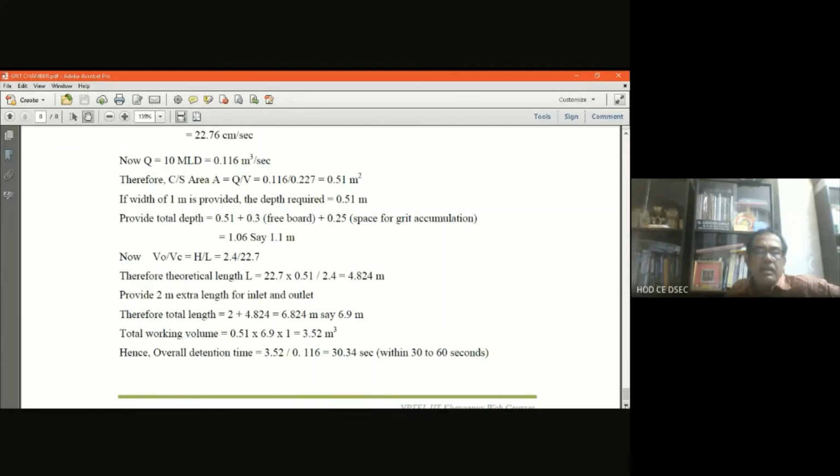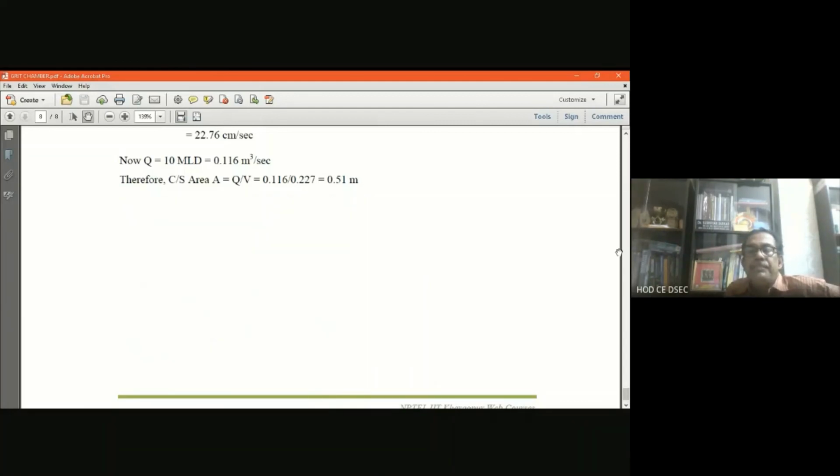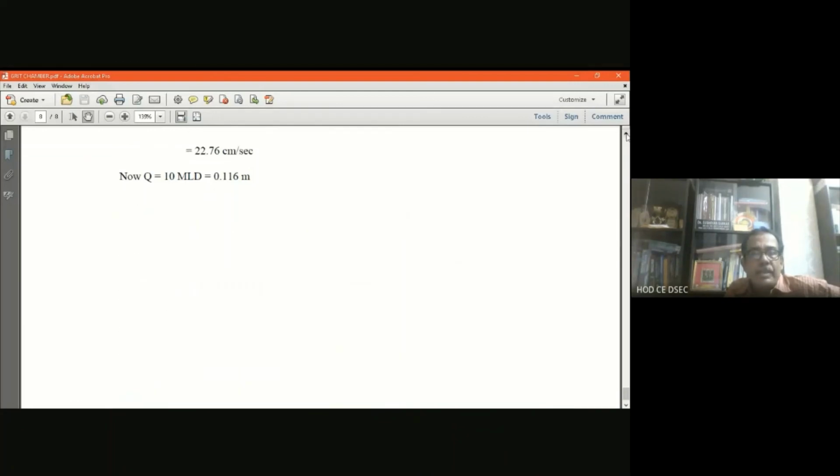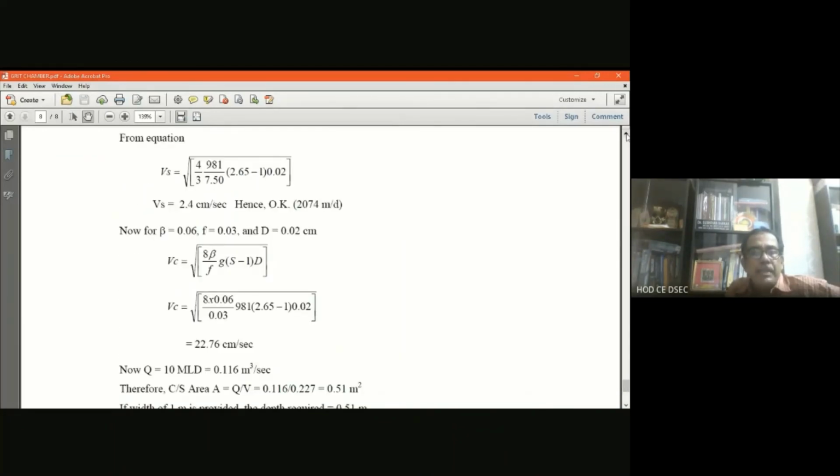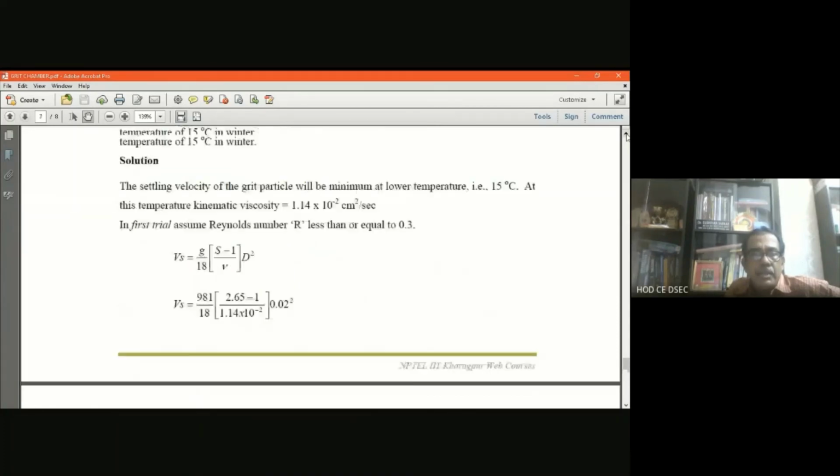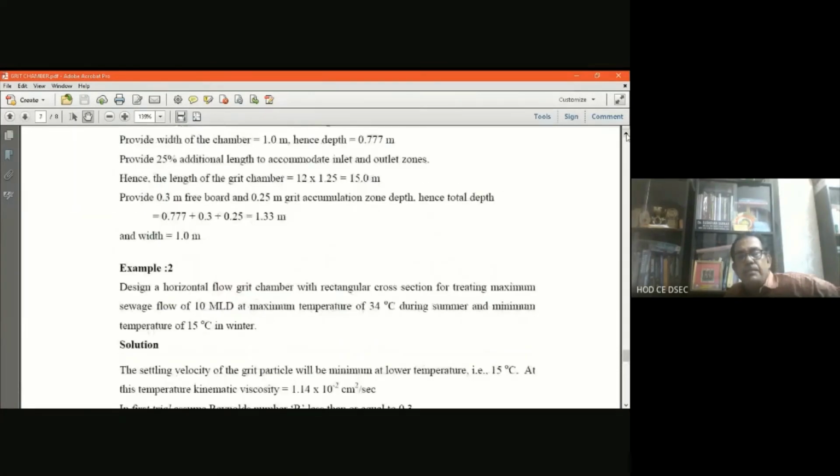So this is one of the designs of the grit chamber that has been discussed. Considering the temperature effect, considering different conditions, we have seen the Reynolds number more than 0.3. So we have used the drag coefficient.